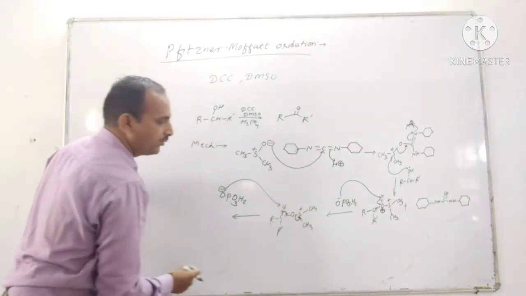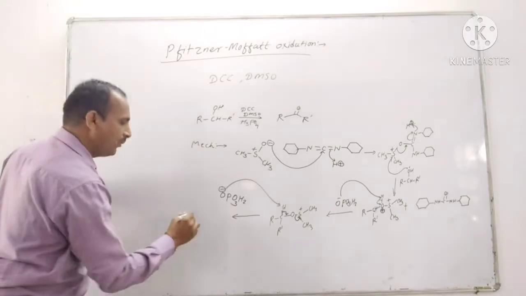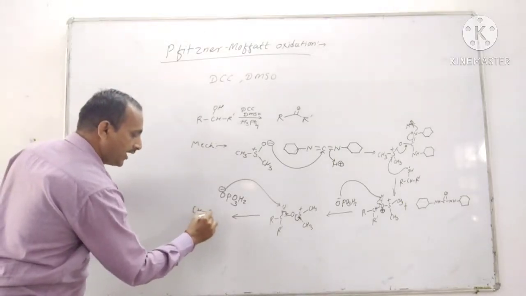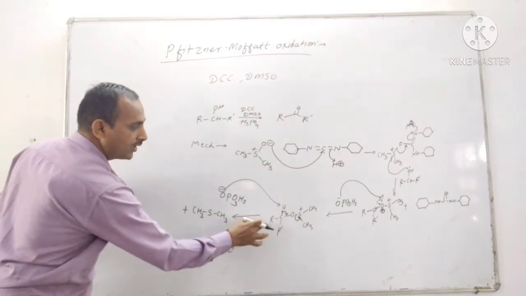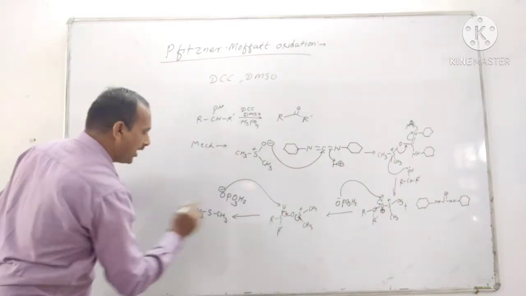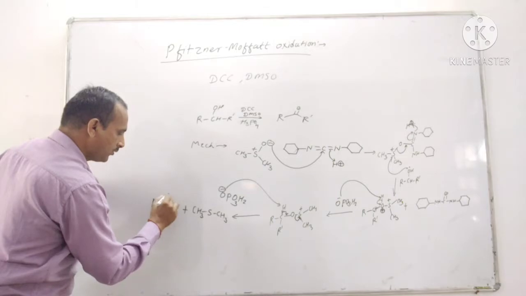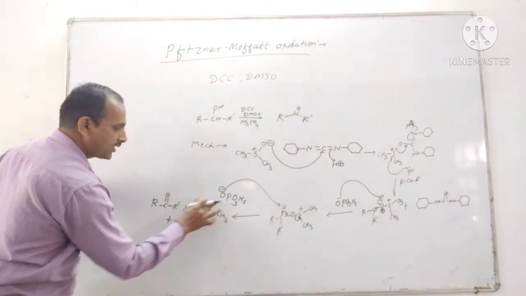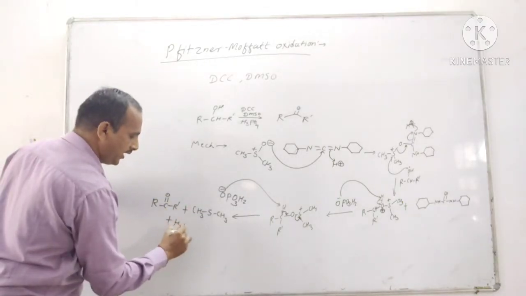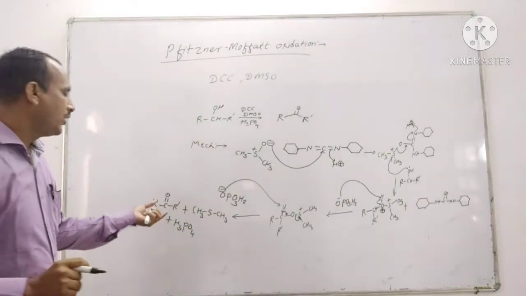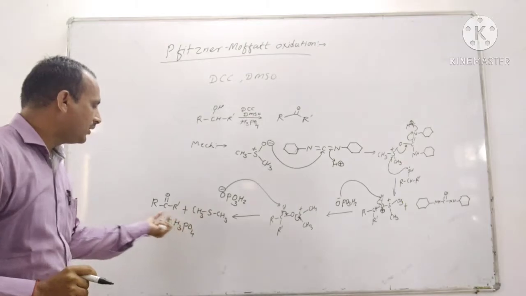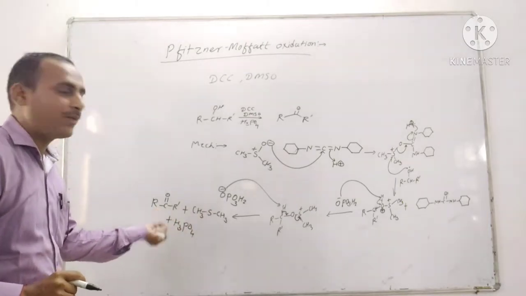Now the lone pair on sulfur is retained to form dimethyl sulfide, CH3 S CH3, plus RC double bond O R dash, and phosphoric acid H3PO4 is retained, so that there is formation of the carbonyl compound.